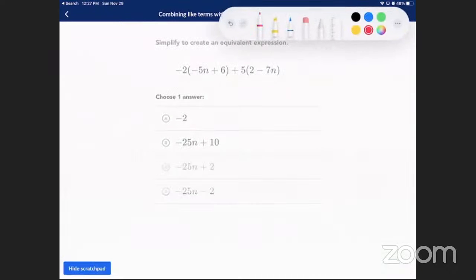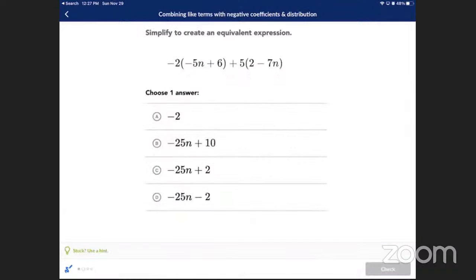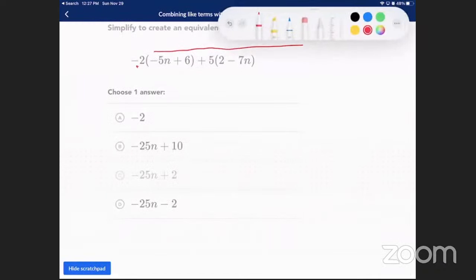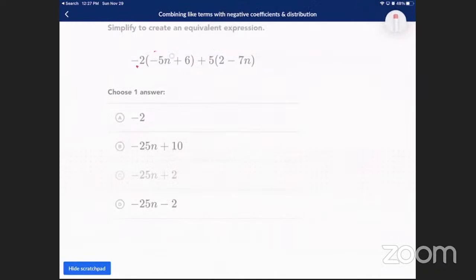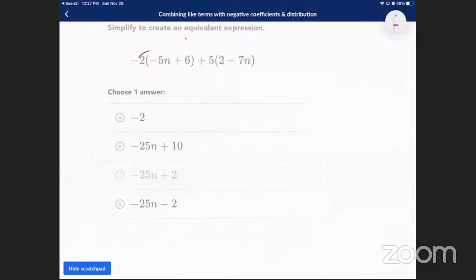All right, so here we have simplify to create an equivalent expression. Now we have the other one we were going to do before, right? Let's move this over to the side and move into our numbers. We're going to start with the first one, the negative 2. It goes into this, which will be negative 12, because negative 2 times 6 is negative 12.